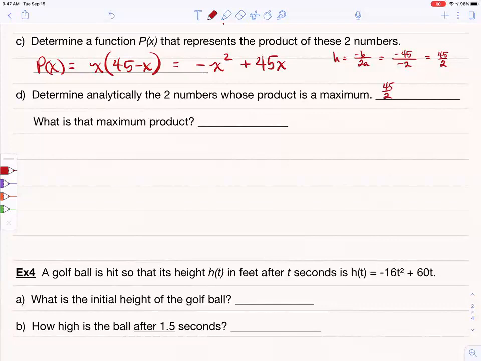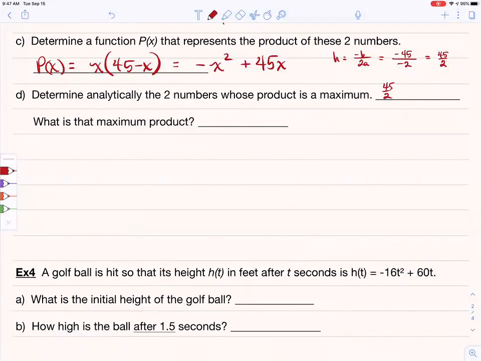So 45 over 2, that one makes sense. There wasn't any reducing or anything to do. We just plugged and chugged. Well, actually, there's hardly any chugging. We just plugged. All right, now, to get the second number, we don't want to plug it in yet. That's going to give me the maximum product, and that's not what I'm looking for yet. I just want the second number out of my basket.